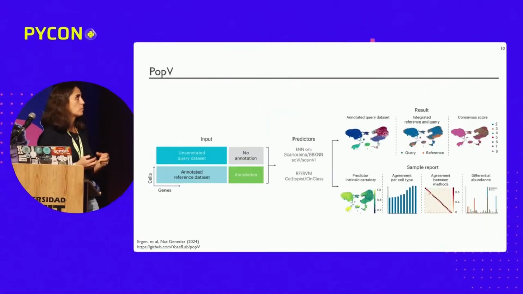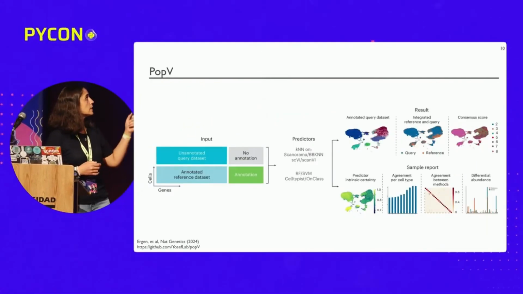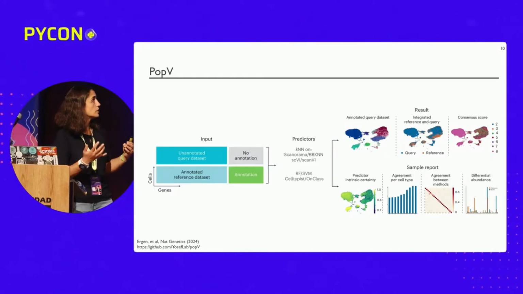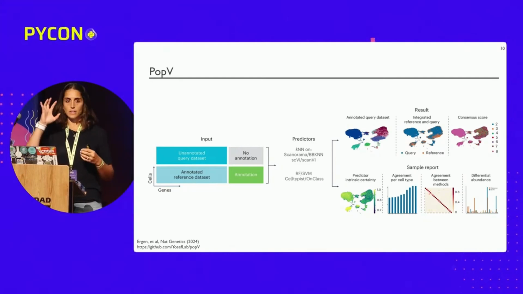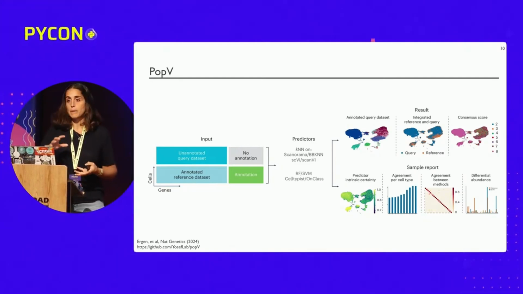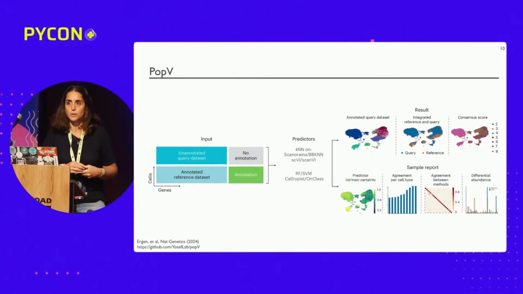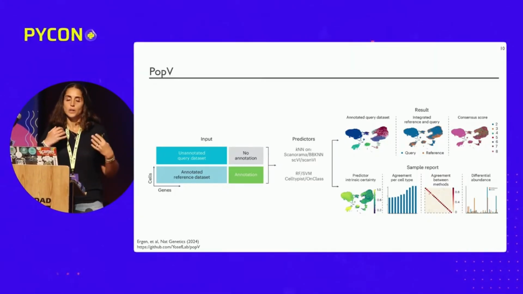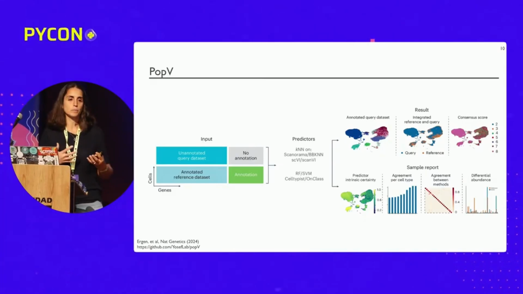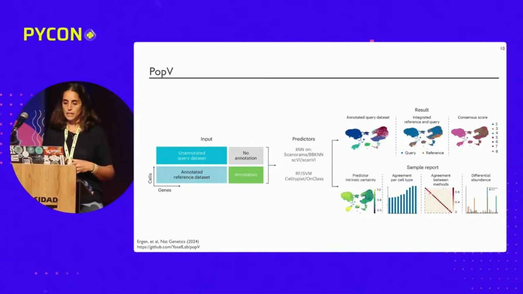What PopV does under the hood is it takes the input of the unannotated query data set, it has a reference, and then it runs 8 methods, but it is scalable, so more methods can be added, and then we output reports with statistics on the agreement between the methods and other key metrics.